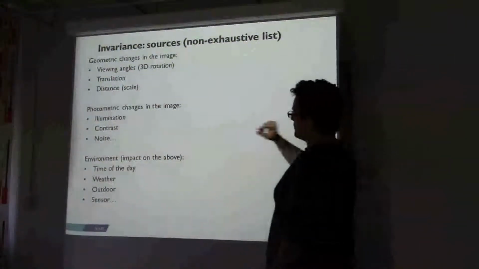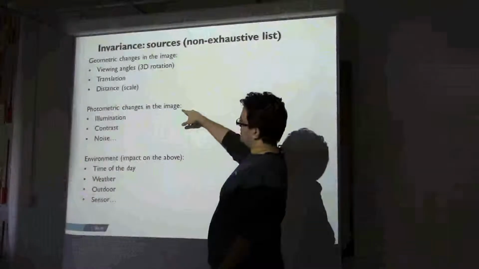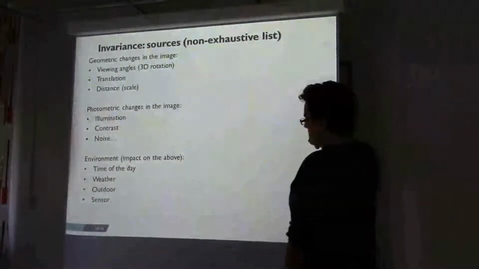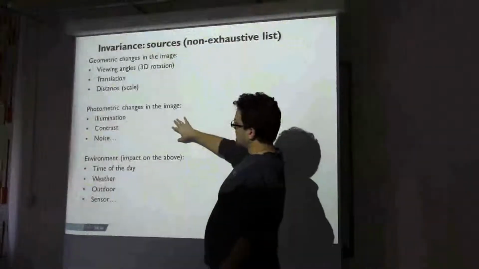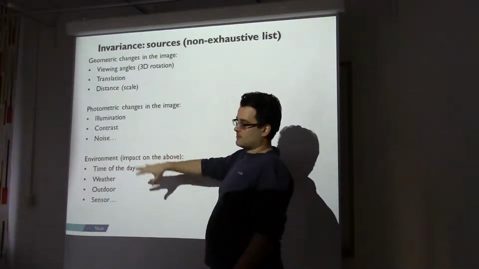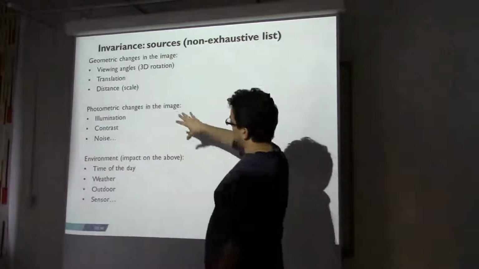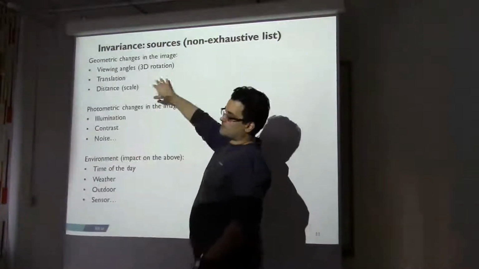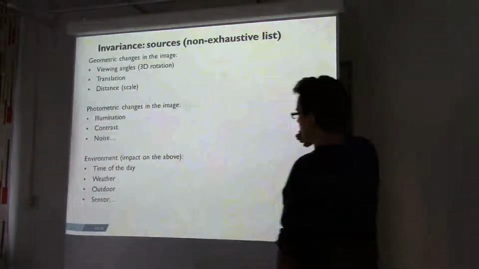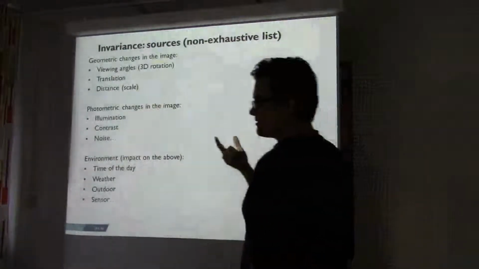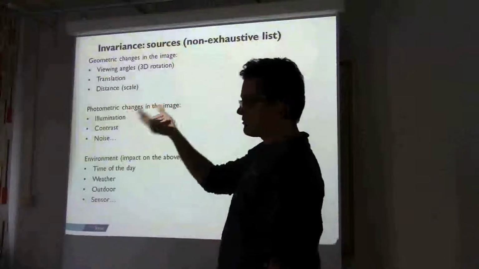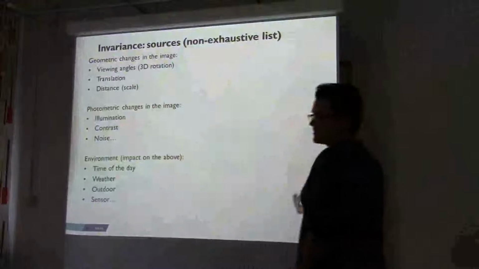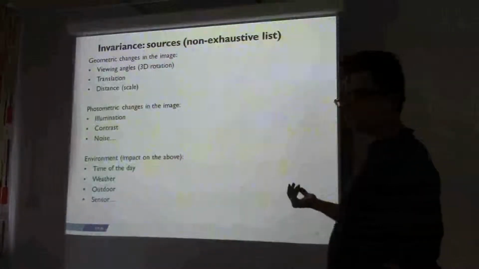But there can also be changes in the photometric characteristics, in the illumination of the image, in the contrast, image noise, and there are a lot of factors not related with these two ones, but contributing to changes. The hour, the weather, if you are outdoor or indoor, the type of sensor. If you change your sensor, you get completely new characteristics in the image.